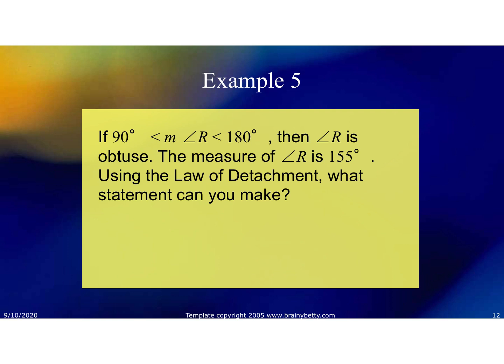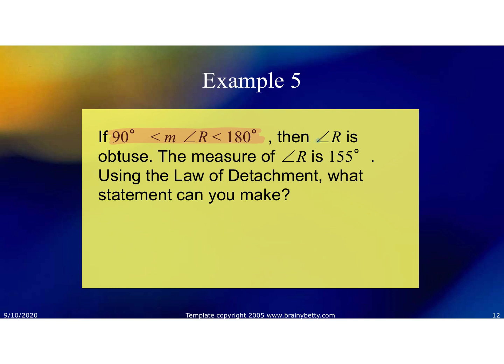So looking at this one, I have my statement. I have my conditional statement. So I'm going to go ahead and highlight my hypothesis. 90 degrees is less than the measure of angle R, which is less than 180.